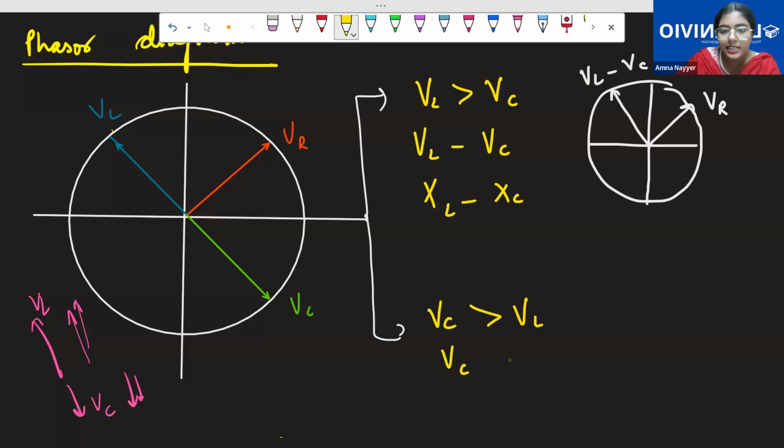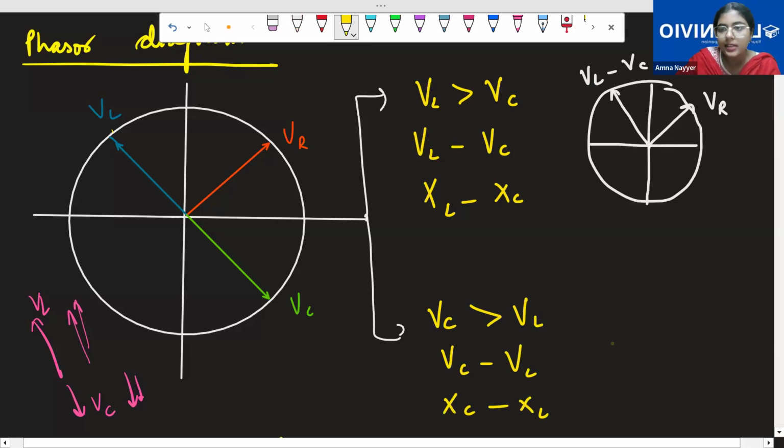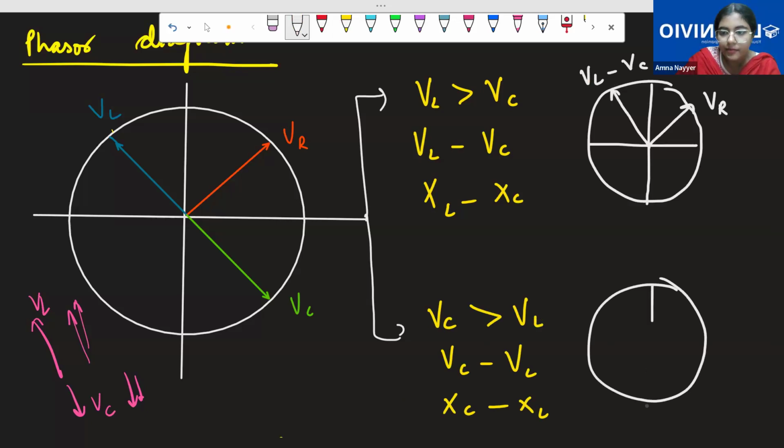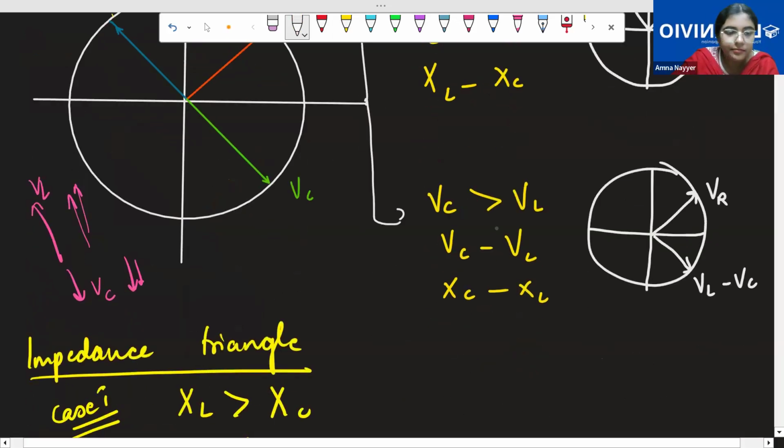Then you will have VC minus VL, which will give rise to XC minus XL. So here you will have the phasor, this will be the voltage due to the resistance, and the difference will be pointing here. So two cases will be there all the time.